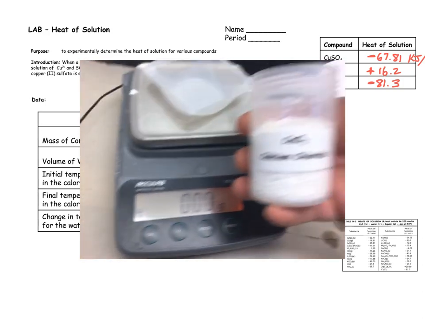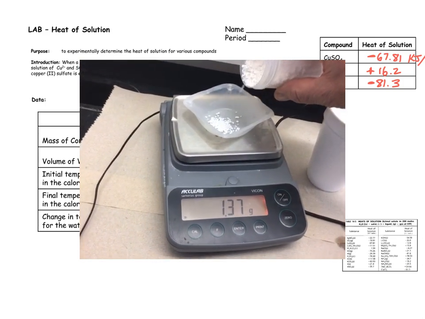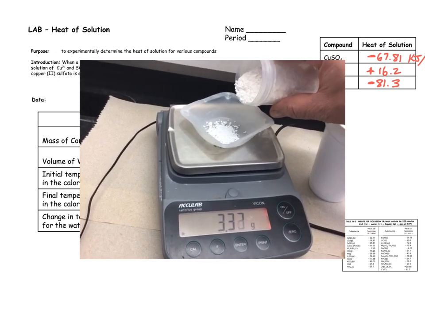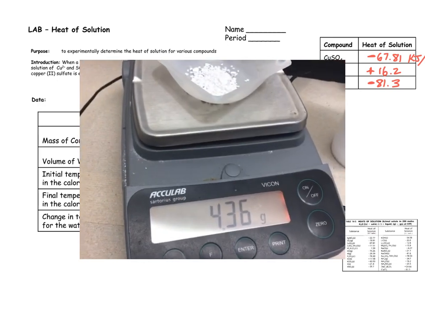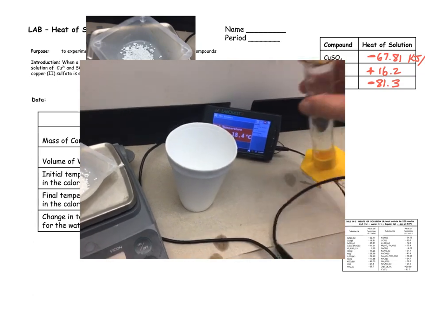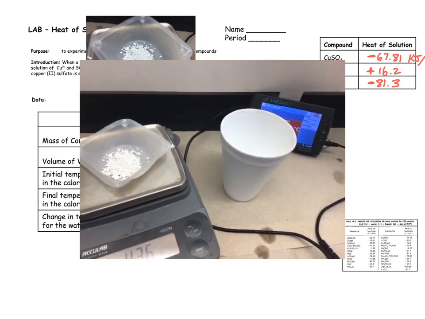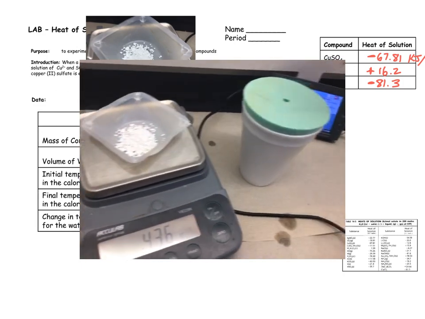Right, the third one, calcium chloride. Another 100 milliliters of water. Find the initial temperature.